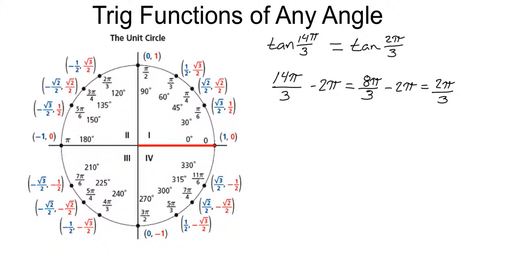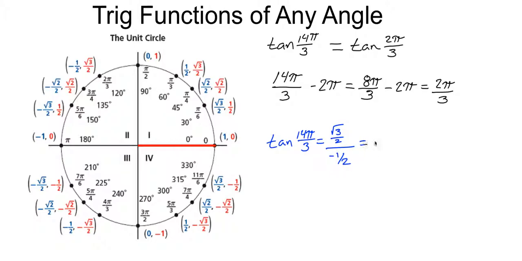Well, the tangent of 2 pi over 3 is equal to the quotient here, right? Tangent is going to be the sine over the cosine. So the tangent of 14 pi over 3 is equal to the sine, which was root 3 over 2, divided by a negative 1/2.